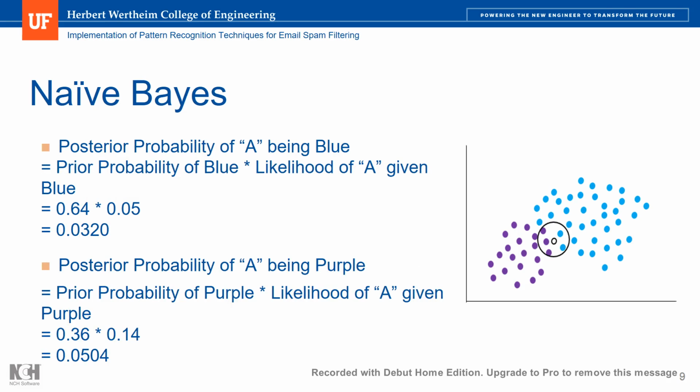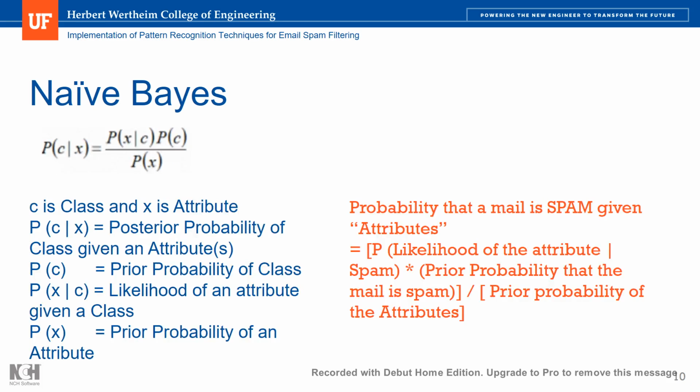Next is the posterior probability. The posterior probability of the point A, which is to be classified, being blue is the prior probability of blue, which we saw in the previous slide, times the likelihood of A given blue. That is 0.0320. Similarly, the posterior probability of A being purple amounts to 0.0504.